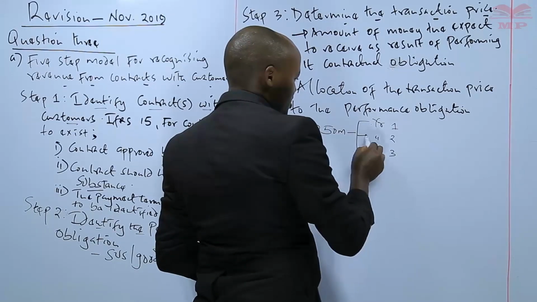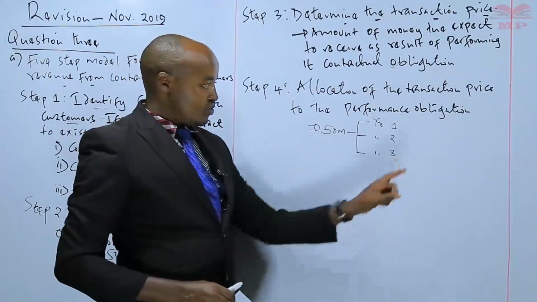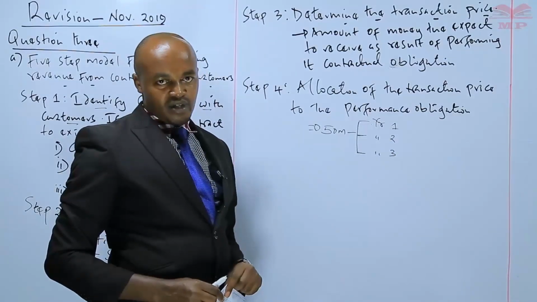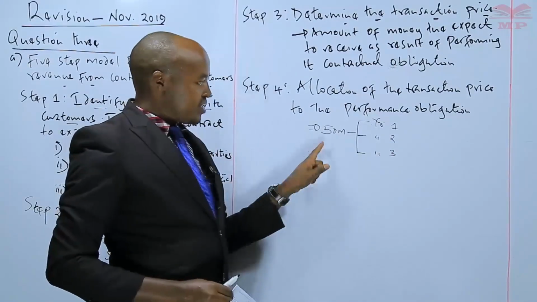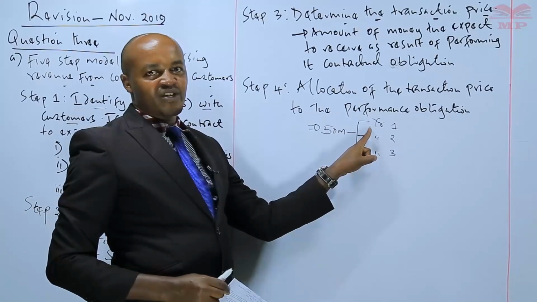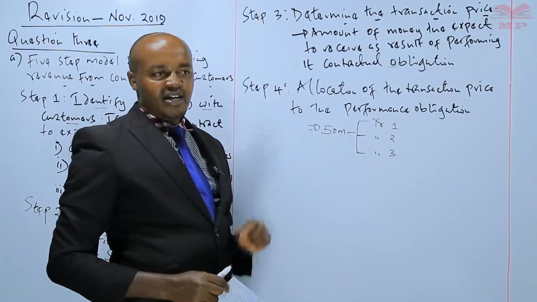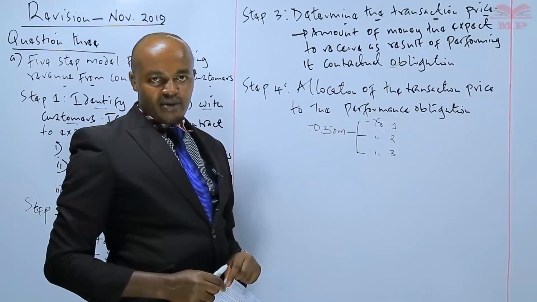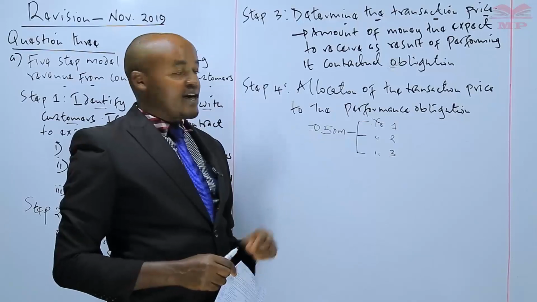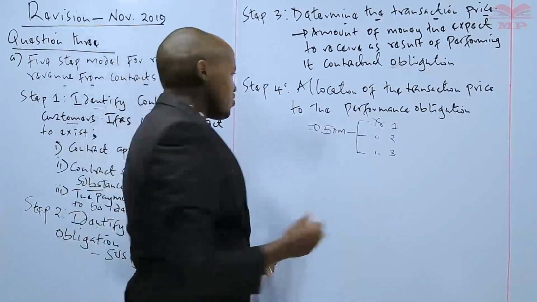Now this amount of 50 million should be allocated to the services which are to be provided in year 1, year 2, and year 3, because what you need to note is that this 50 million should not be recognized as revenue in year 1, but rather it should be spread over those 3 years based on when the services are to be provided. And that's why we are saying in step number 4, the business will need to allocate that transaction price to the performance obligation.